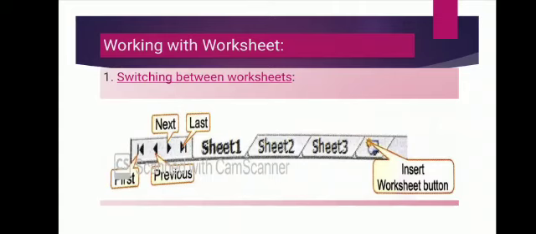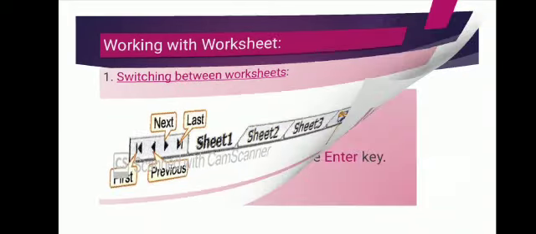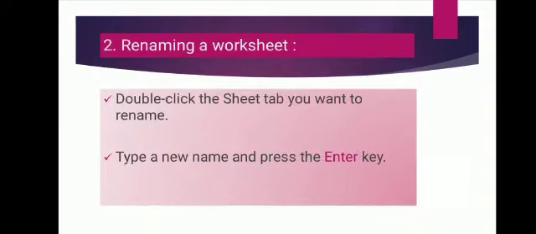Now if you want to add a new worksheet, select the sheet before which you want to place a new worksheet. Then right click on the sheet tab. If you want to rename a worksheet, double click on the sheet tab you want to rename and it will be highlighted.